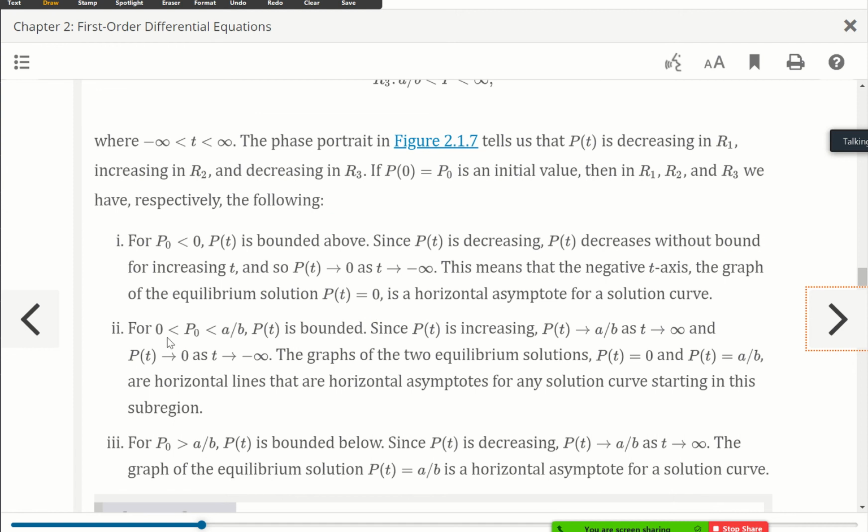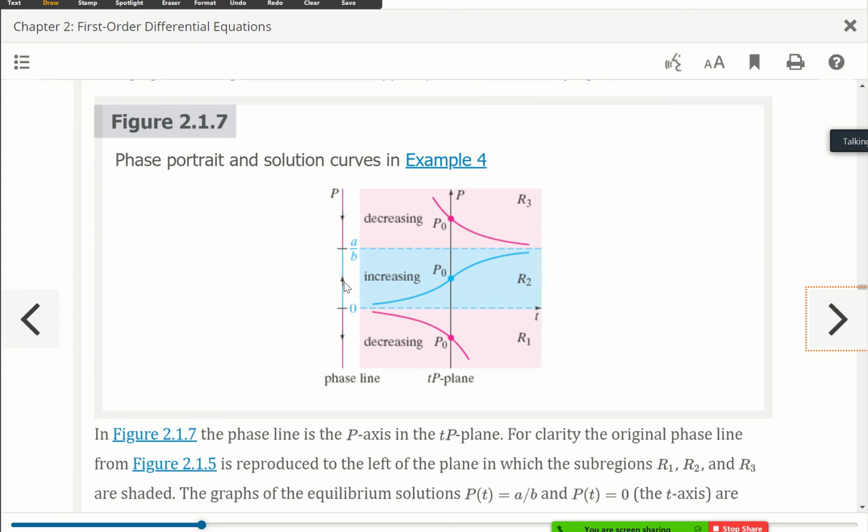What's going on in region 2? Well, in region 2, this is when P was between 0 and a over b. In there the sign of f of P was positive, so the solution was increasing, which means it's going to look like this.